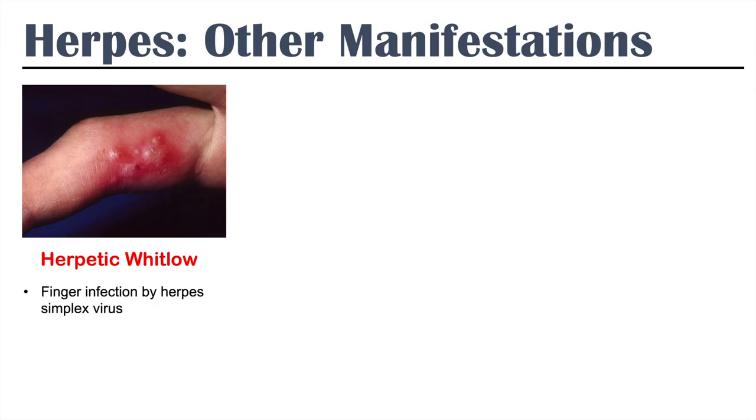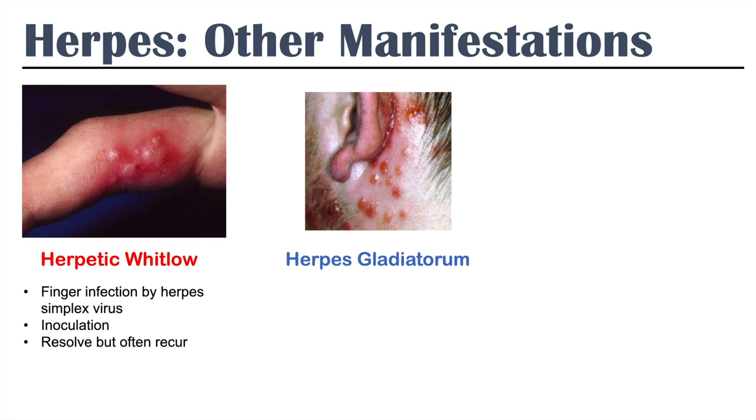You're going to get these painful vesicles on your finger, and that's actually just a herpes virus infecting the finger, causing what we call herpetic whitlow. Again, it's inoculation. Again, this will resolve, and again, it will often recur because that virus hangs around in your neurons.